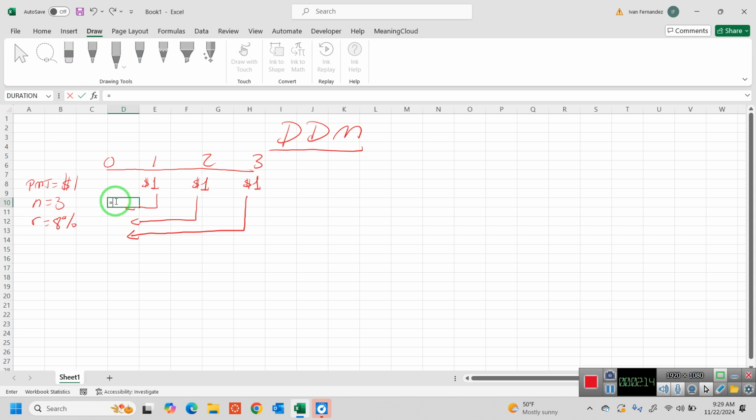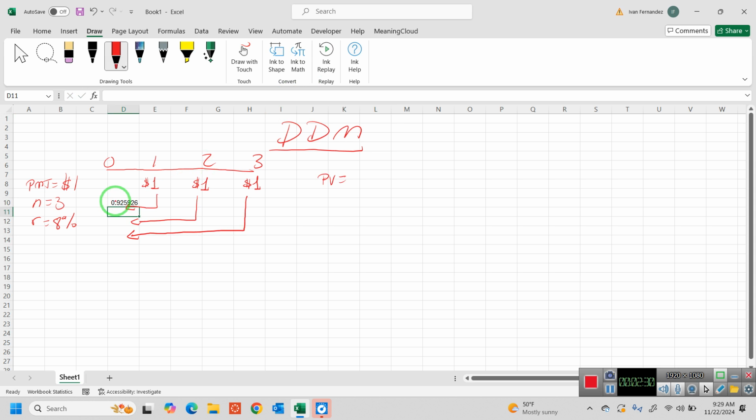That's going to be 1 divided by 1 plus 0.08 to the 1 power, because it's 1 period. Which formula am I using? Let me write it here.